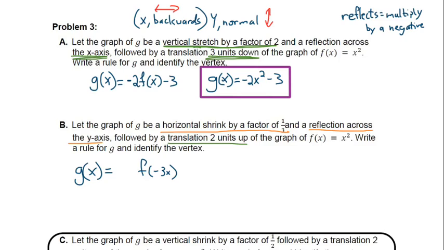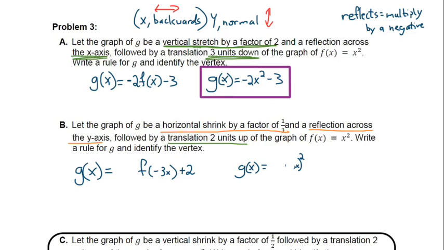And it says followed by a translation 2 units up. Well, to shift 2 units up, we simply add 2. Okay, so we apply this on the inside, that on the outside. So g of x equals, inside the parentheses, we have negative 3x squared.